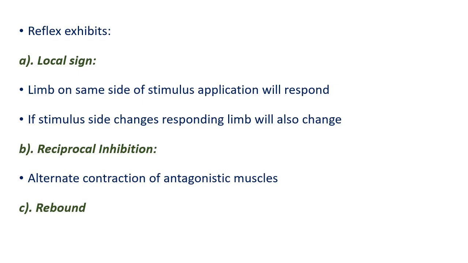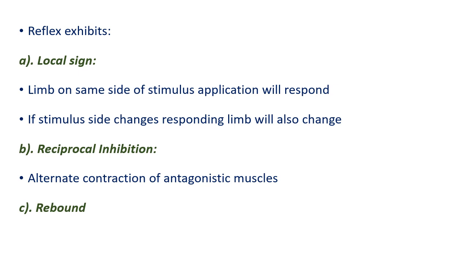Now the flexor is inhibited. Next time the flexor will show a higher magnitude of contraction. So this is important. In the scratch reflex, these three properties, local sign, reciprocal inhibition and rebound, play a very important role in its execution.